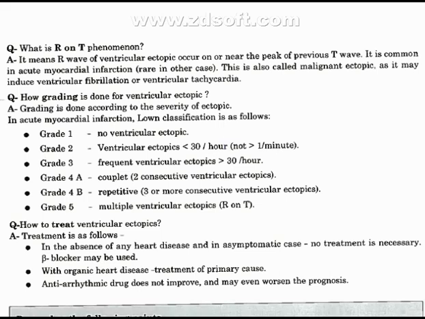How is grading done for ventricular ectopics? Grading is done according to the severity of the ectopics.